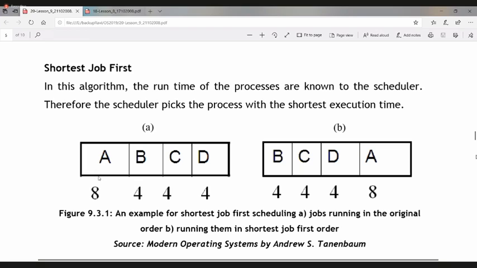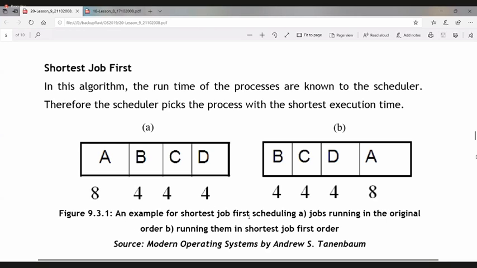Let's say process A requires 8 units, maybe 8 seconds. Then process B 4 seconds, C 4 seconds, and so on.